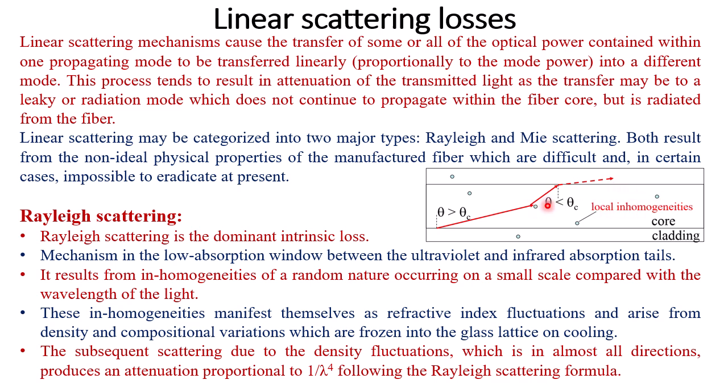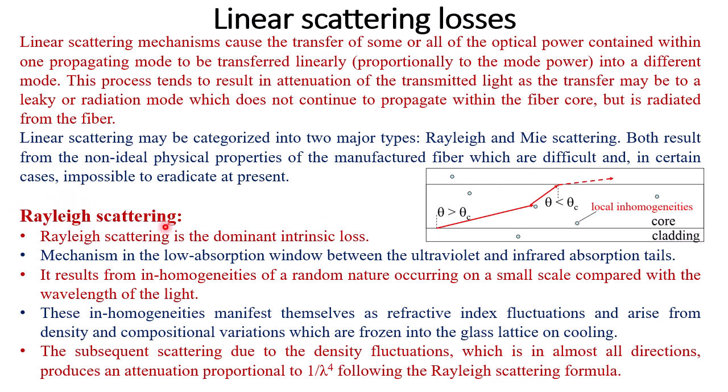But because of this local inhomogeneity, light will change its direction, and it may happen that the incident angle becomes different, and the condition for total internal reflection is now invalid, and instead of total internal reflection we have refraction of the light wave inside the cladding. So this particular portion of the wave is lost. It will never come back to the core.